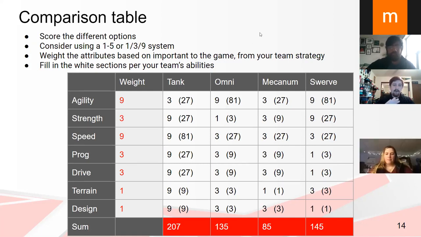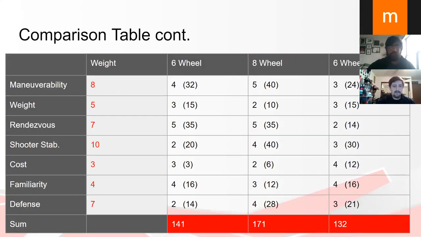So this one is for all different drivetrains. The next slide, we have another example. This one, we did the weights 1 through 10, and then the scores for each thing were 1 through 5. And instead of different types of drivetrains, this was our exact data from last year for 6574's 2020 robot when we were designing our drivetrain.